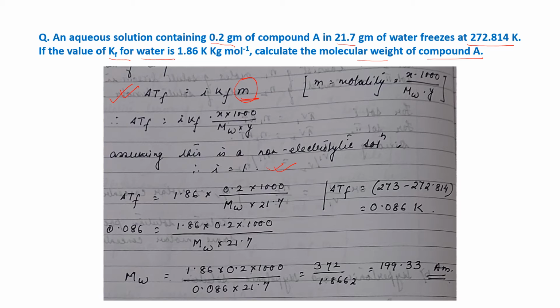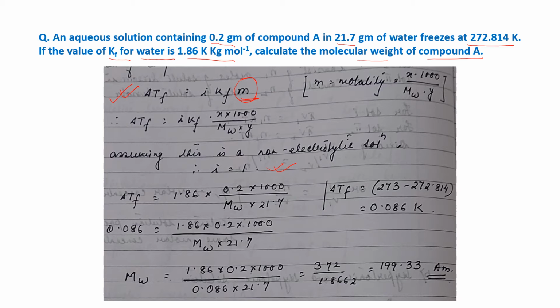Delta Tf is equal to, just put the value, I put the value of i as 1, Kf is given, that is 1.86, and X is 0.2, then 1000 divided by MW into 21.7, which is the amount of the water. Am I clear?